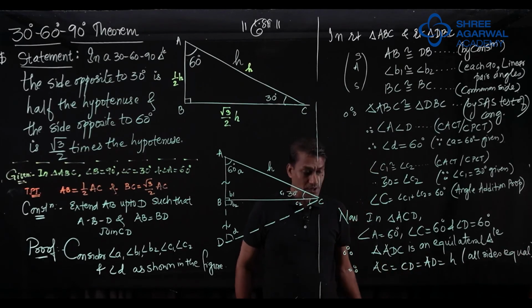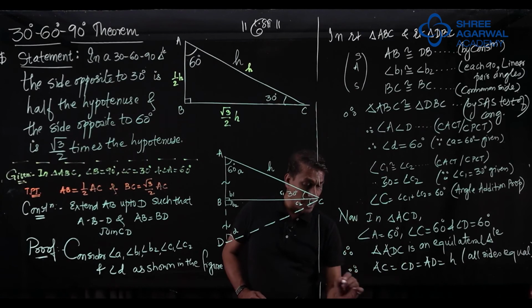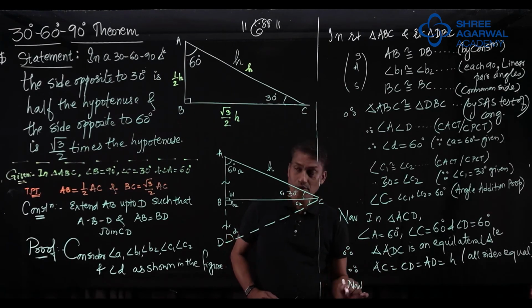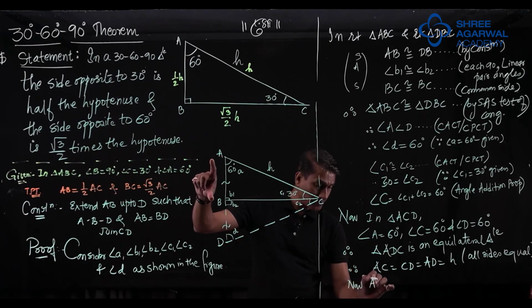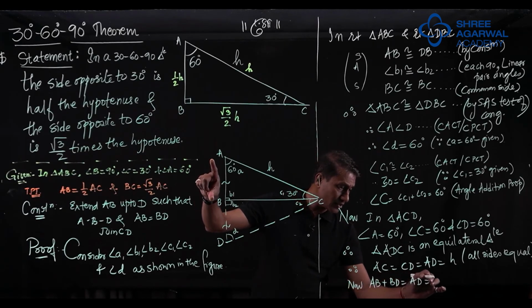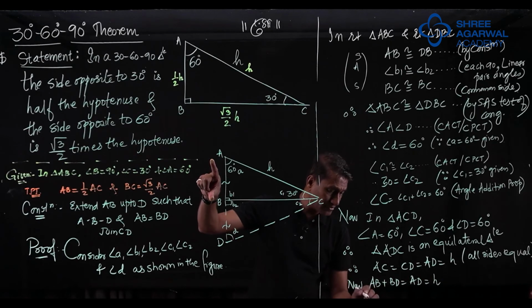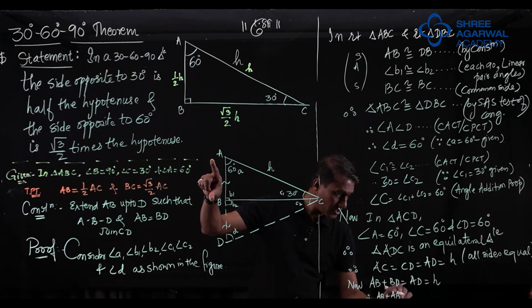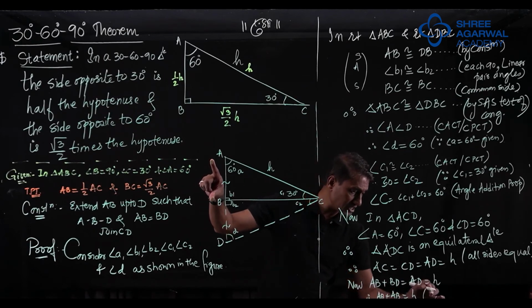Yes sir. Now AB plus BD is equal to AD is equal to H. Therefore, AB plus AB is equal to H, since B is midpoint.